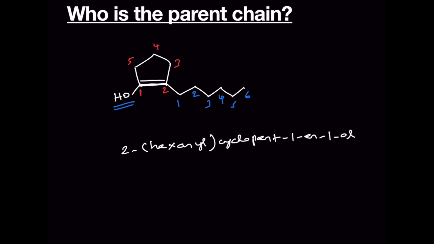That is the correct IUPAC name for this molecule. You can also mention it as 2-hexane-1-al if you want to, but that is not necessary. This will do.